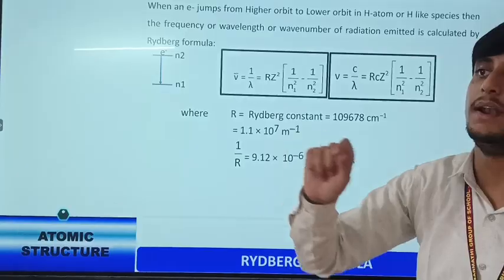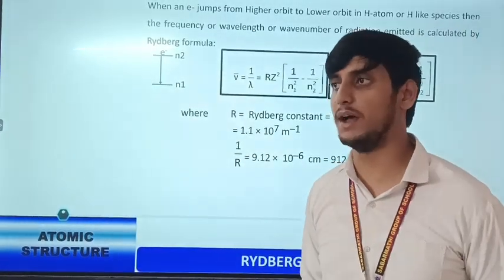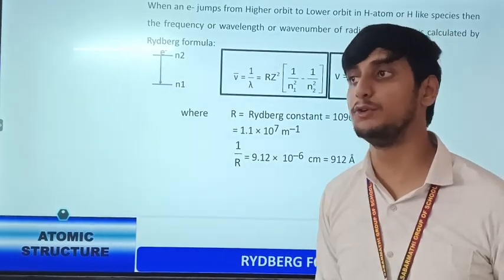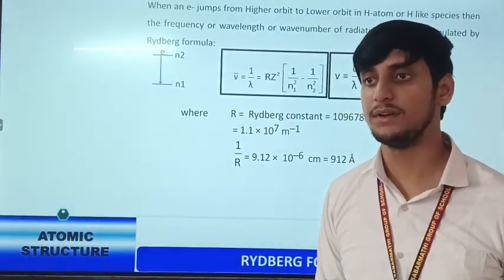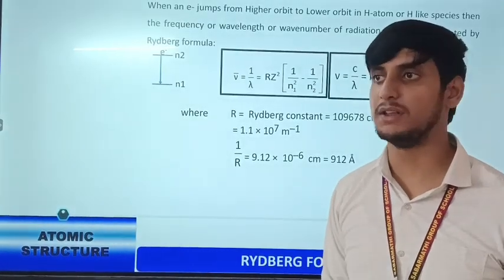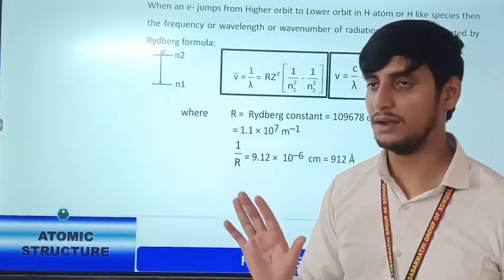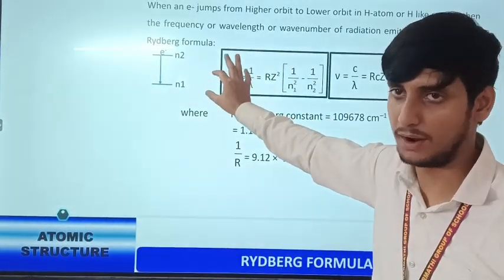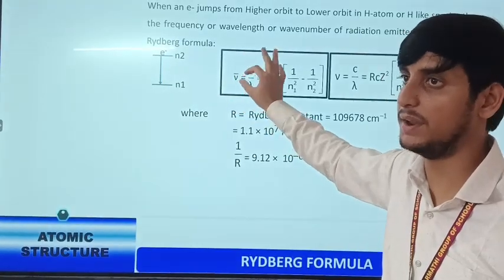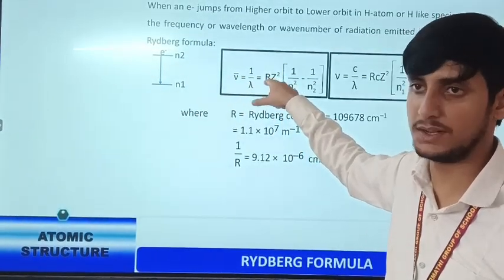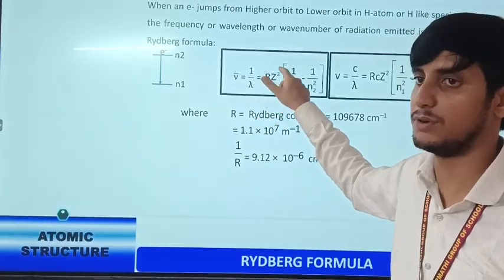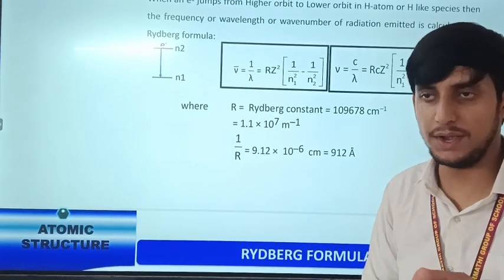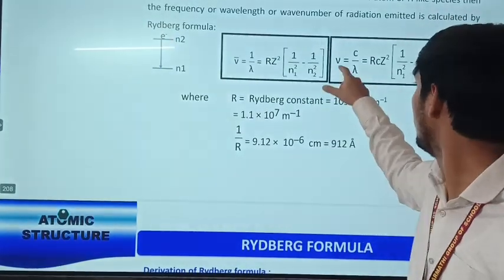And 1 upon lambda, you know, is the wave number, denoted by nu bar. Wave number equal to 1 by lambda equal to R Z square (1 upon N1 square minus 1 upon N2 square), right?